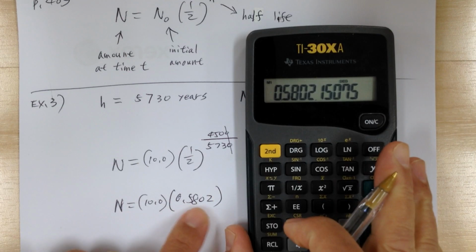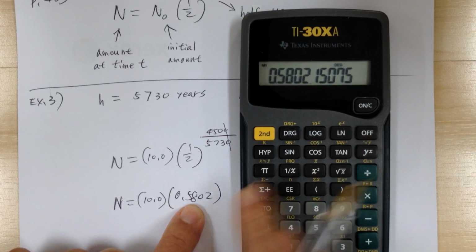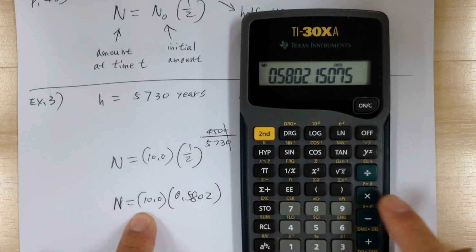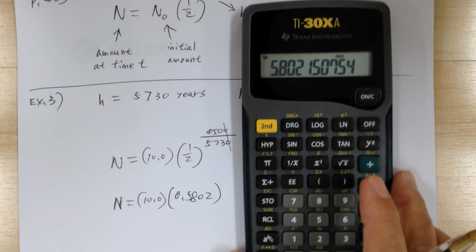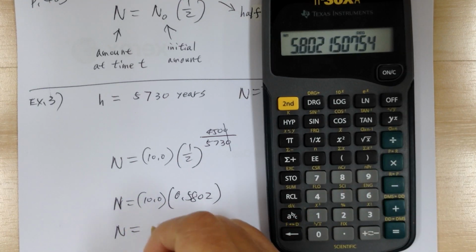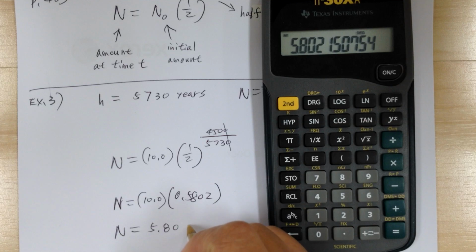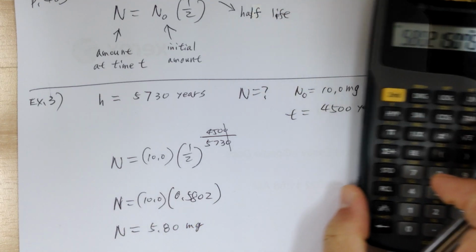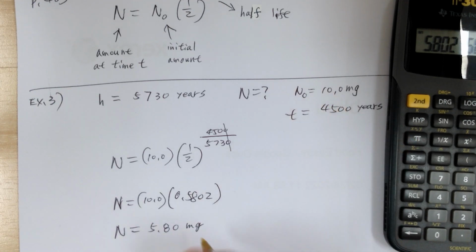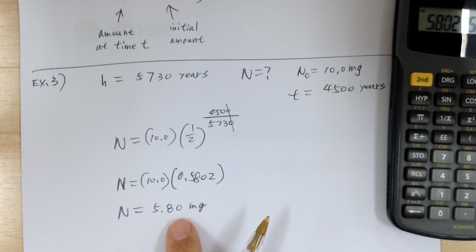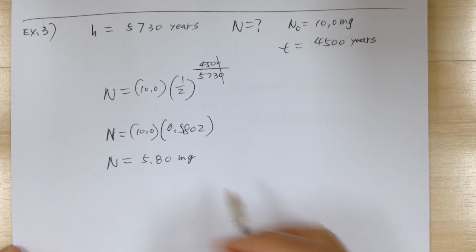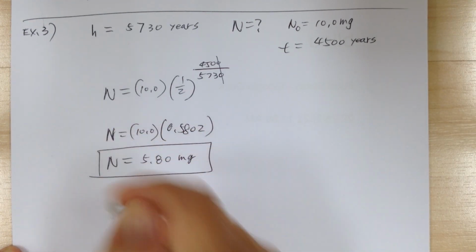Just don't erase, since I already have this on here. Just use this times 10, equals. So n will equal, and normally you round to 3 digits, 5.80 milligrams. The reason I use 3 digits is because there are 3 digits. And so only 5.80 milligrams will remain after 4,500 years.